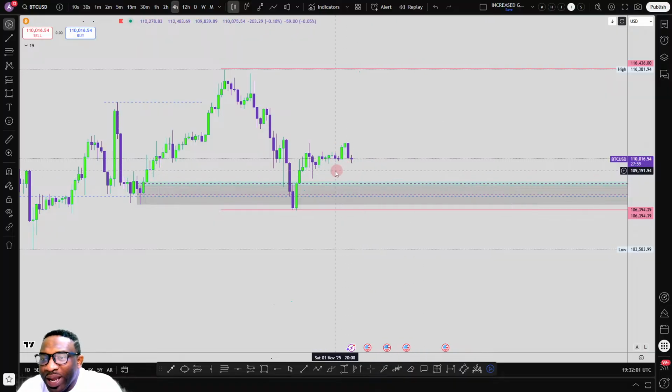So currently we have price coming back again. If we look at this candle here, we can see that it fell below this candle here, and I believe the main purpose was to clear some liquidity. As we can see, there were some equal lows put in here.